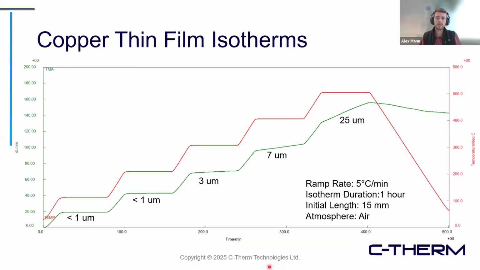So here's a test that I did to determine how a copper thin film handles temperatures over an extended period of time. Essentially, our temperature profile was a ramp up to around 100, hold for an hour, ramp up to 200, hold for an hour, etc. What we saw was that at around 100, there was really no expansion during this isotherm.